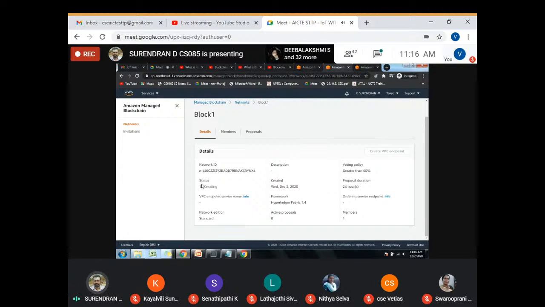Once this is done, we have created a managed blockchain network, and any other AWS account holder you can add, and this maintains a node in it, right? I have not tried inviting members and I have not tried the node configuration at all. Maybe you just tweak on it and you will be able to get it, right?